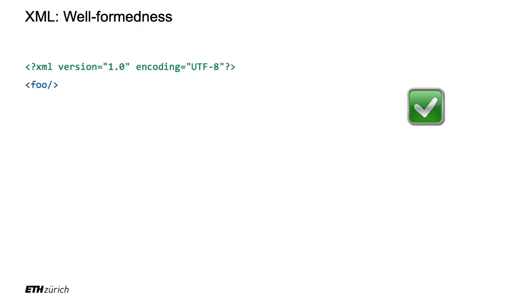This here is well-formed. In fact, that's almost the smallest document you can have. The really, really smallest would be just a single tag with no text declaration and with a name that just has one letter, if you really want the smallest one. But this is already pretty small. What's important is that at the top level of an XML file, you have to have exactly one element. Exactly one element.